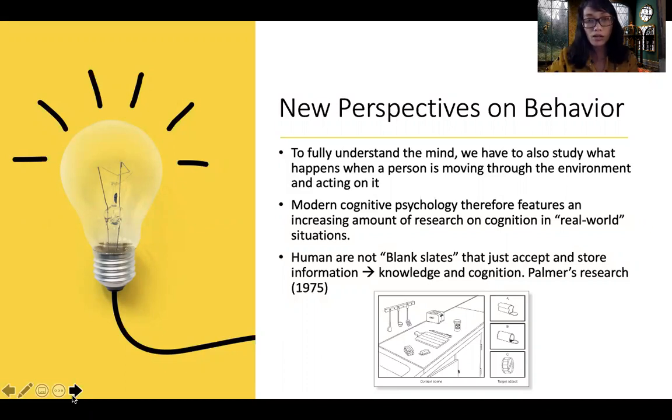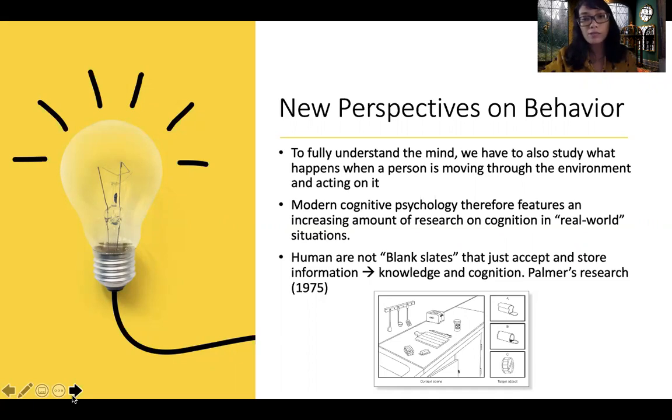And researchers began taking research out of the laboratory. Most early research was done inside laboratories, because of its laboratory nature, with participants sitting in one place looking at flashed stimuli.